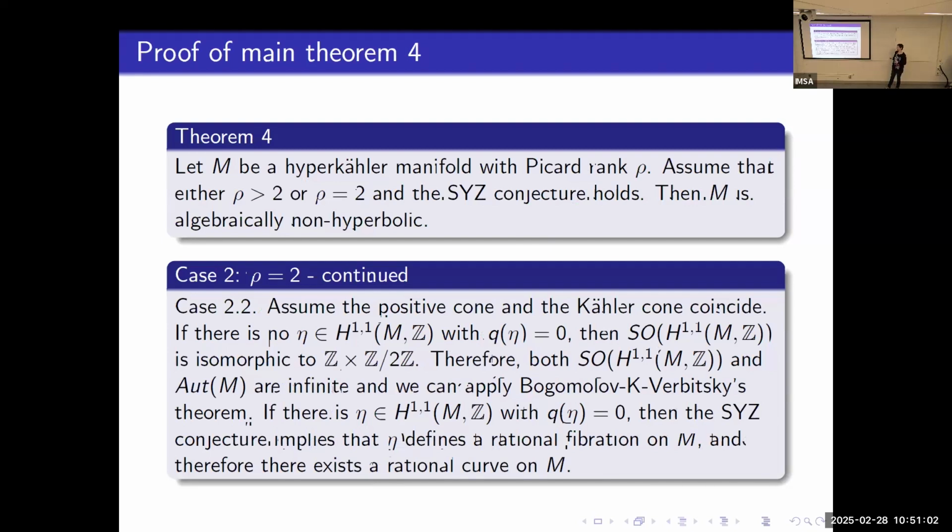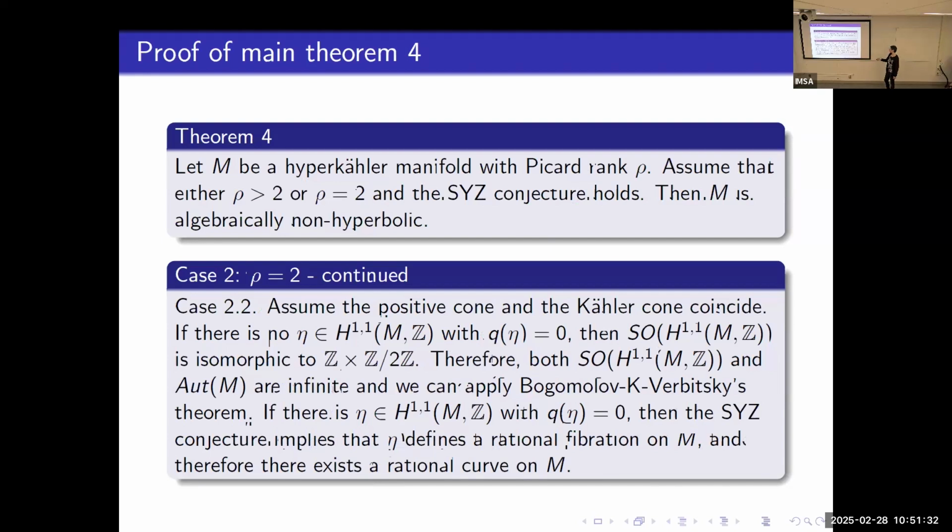But one can play with lattice theory a little bit and see that if you have a lattice with the property that there is no non-trivial parabolic class, then this lattice is actually isomorphic to this precise lattice, U(2) or similar. The good thing about this is that it's infinite.